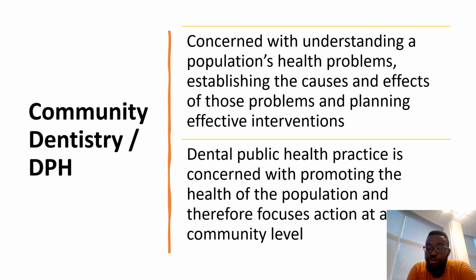Okay, so if the problem that is prevalent in this population is dental caries, then you are talking about fluoride. These are ways you can help the community to prevent dental caries.